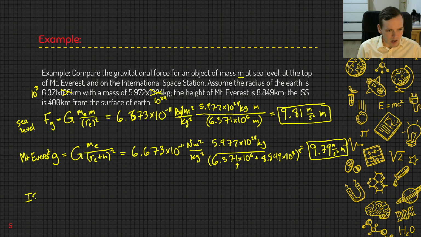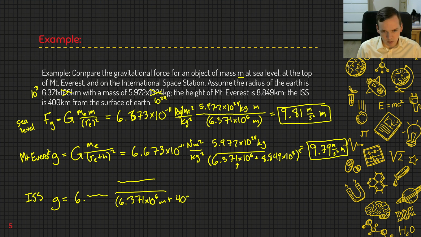So now let's look at how much that matters on the ISS. g is equal to, I'm going to skip to the numbers and skim through, same sort of thing as before, just to save time. 6.371 times 10 to the 6th meters plus, and now we're looking at 400 kilometers, so 400 times 10 to the 3rd meters, which you could also write as 4 times 10 to the 5th.